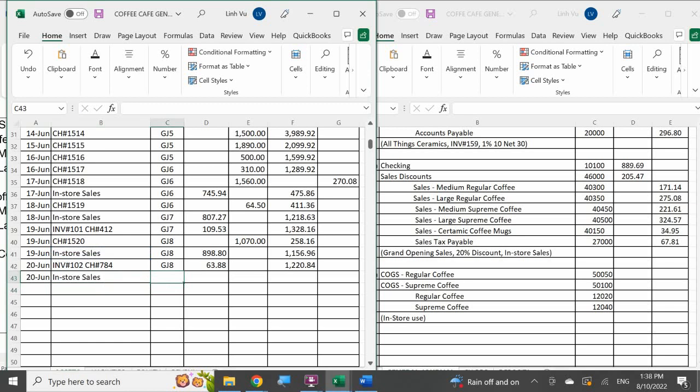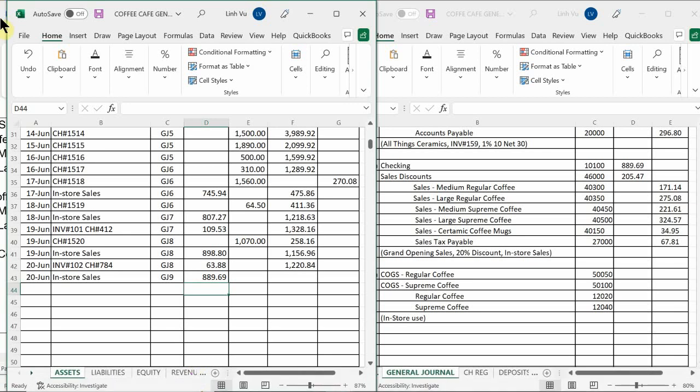It's on page 9, and it's 889.69. Okay. So how much money should you have in your checking account?